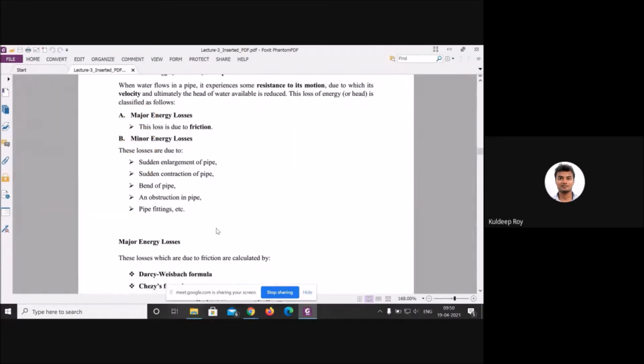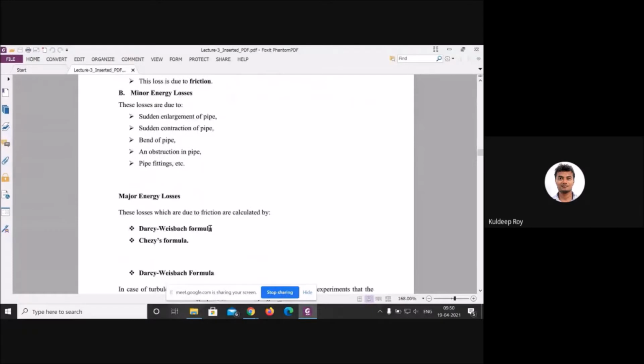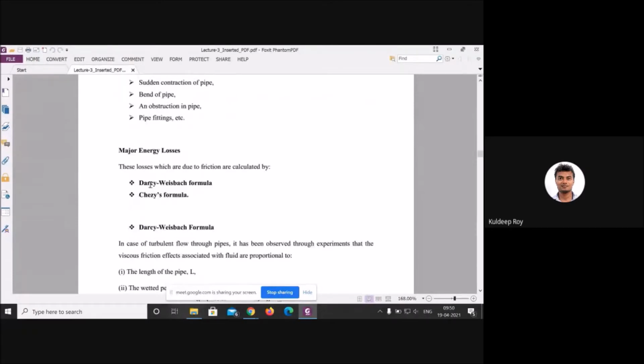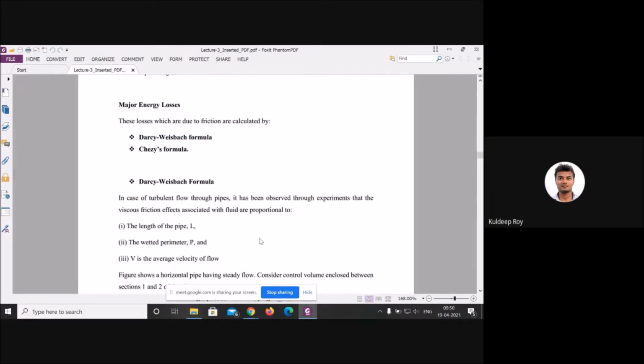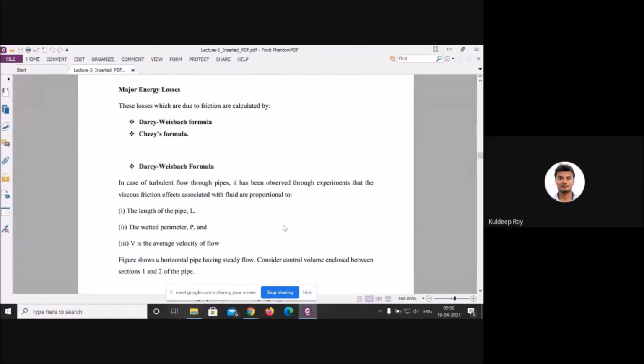Now, if you define the major losses, one of the very famous equations is the Darcy-Weisbach formula, and also Chezy's equation. Darcy-Weisbach is applicable to define the loss in the pipe. So we will talk about how we can derive the Darcy-Weisbach formula based on fundamental theories.